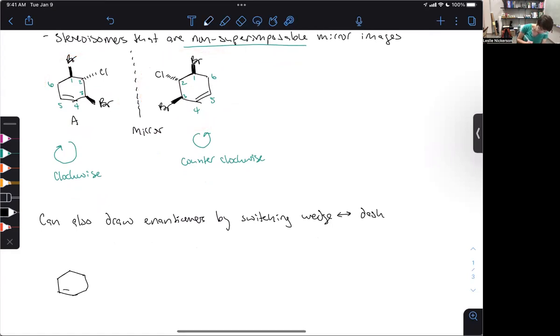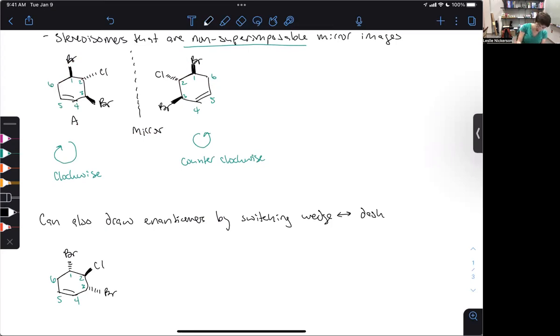So in this case, my double bond is still in the same place, but that bromine is going to be on a dash, chlorine is going to be on a wedge, other bromine is on a dash. Now if I add those numbers, I've got 1, 2, 3, 4, 5, 6. So I'm still numbering the same way, but I flipped all of the ups and downs, right?